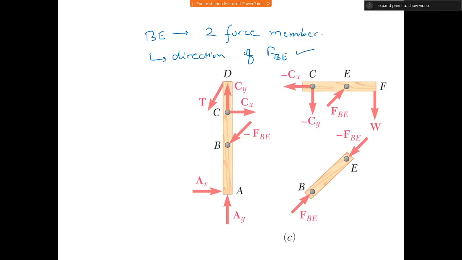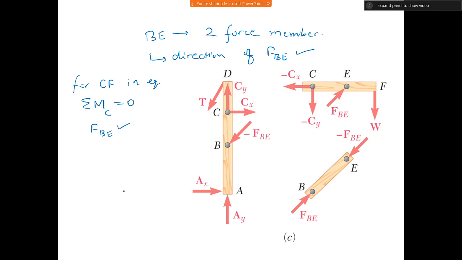After we have assumed these forces, now I can write the equations for these members. Let us say for CF, we can write summation of moment is equal to 0, and I can take any point, let's say point C. For CF to be in equilibrium, moment about point C is equal to 0, and from here I can directly solve for FBE, right?